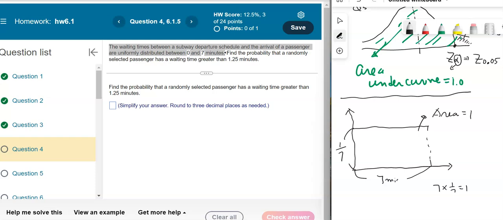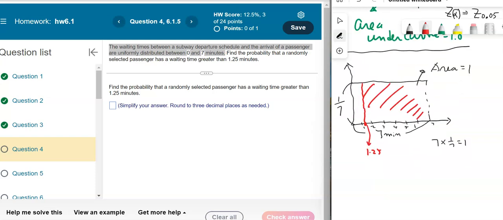7 minutes. Now the question is, find the probability waiting time is greater than 1.25. So, this is 1, 2, 3, 4, 5, 6, 7. This is 7. Greater than 1.25, so 1 is over there, so that point, 1.25. So we're talking about this area.